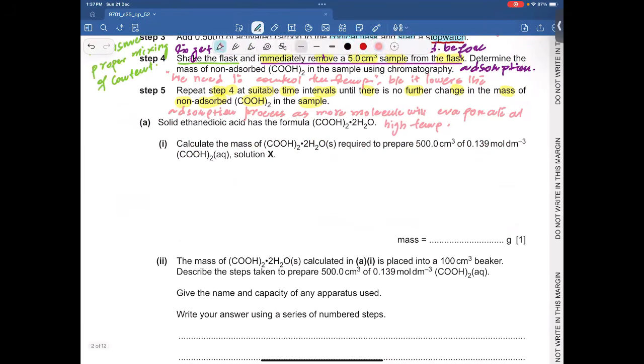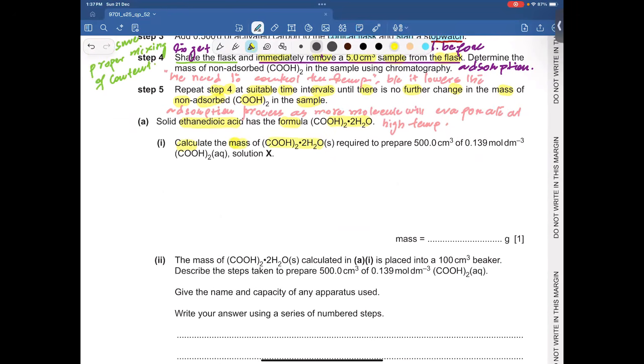Now part A. Solid ethanedioic acid has a formula. Calculate the mass of ethanedioic acid required to prepare 500 cm³ of 0.139 mol per dm³ solution X. So first of all, I know the volume and I know the concentration so that I can find the moles of ethanedioic acid.